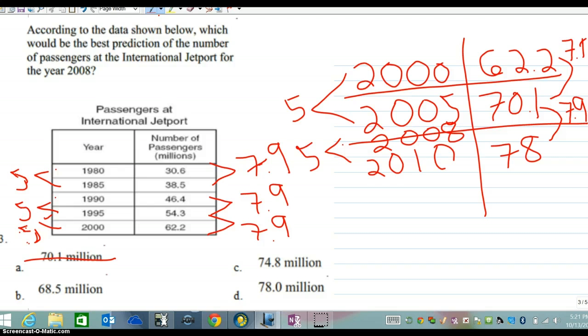That's too small, so I'm going to eliminate that. Is it 74.8? 74.8 is in between. How about 78 million? No, that's the value at 2010, so I'm going to eliminate that. Remember, I'm looking at 2008, and my answer has to be 74.8 because that is in between 70.1 and 78.